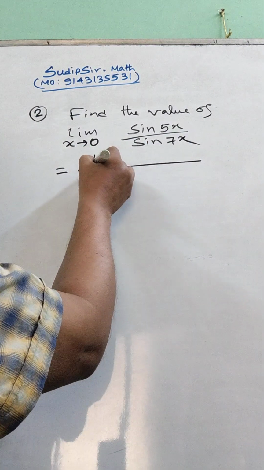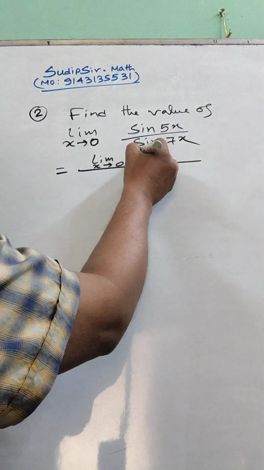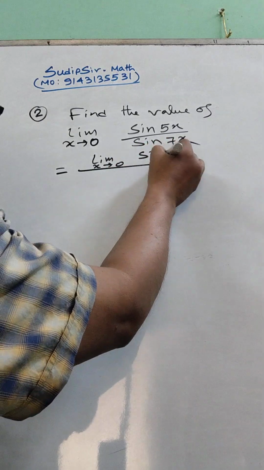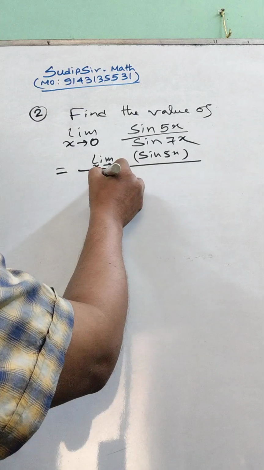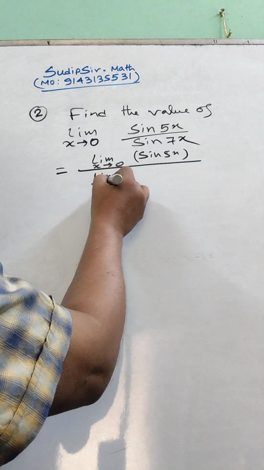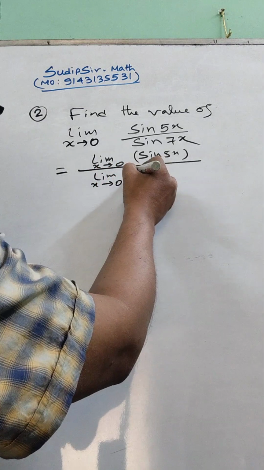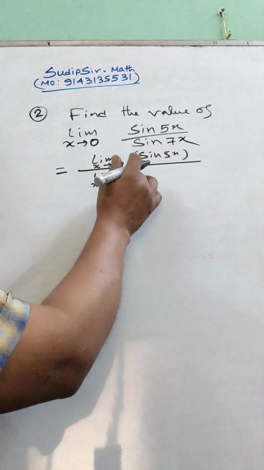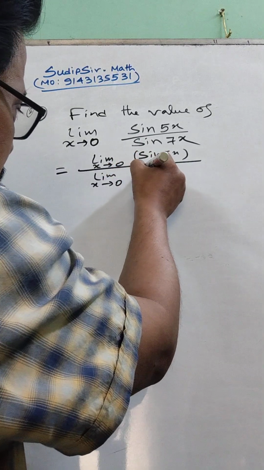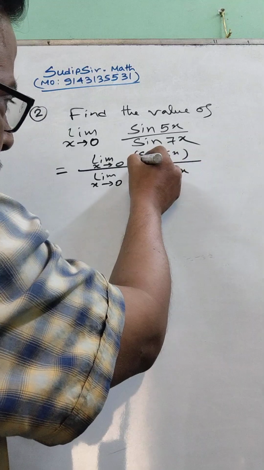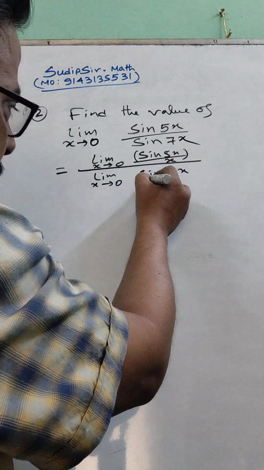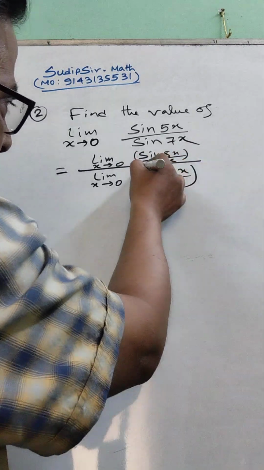Limit x tends to 0 sin 5x by limit x tends to 0 sin 7x, and divide this by x and divide this by x.